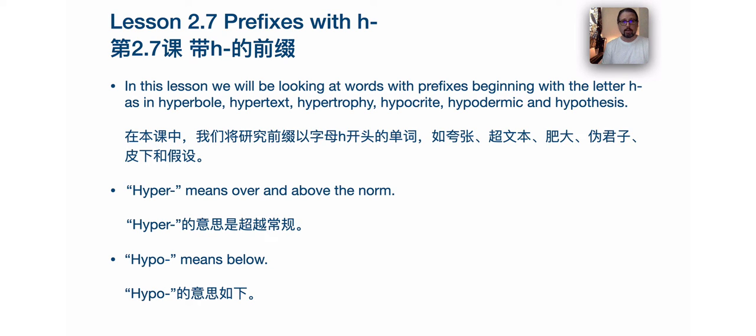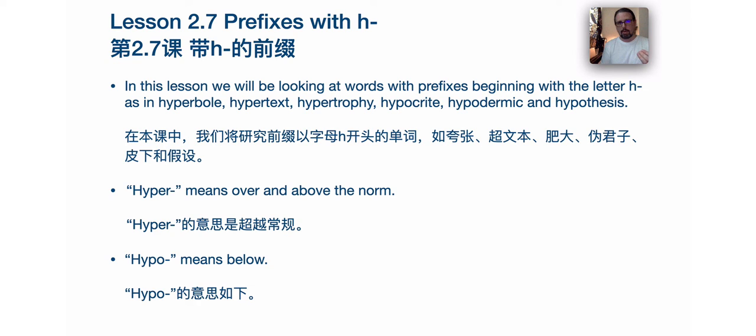So we see the words hypodermic and hypertrophy. These words belong more in the medical and scientific field of biology, right? Hypertrophy and hypodermic are words that belong in the health sciences or physiology.